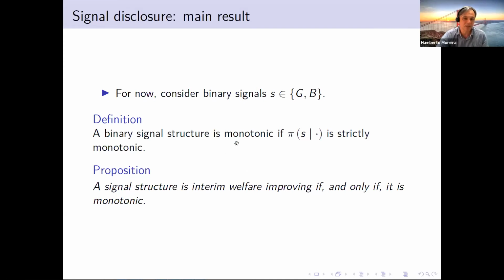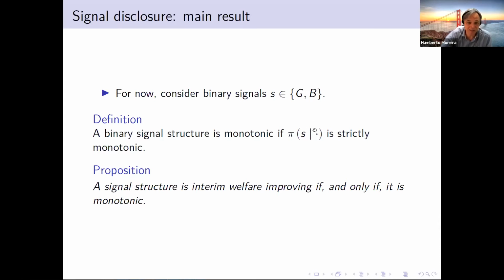So let's think about the binary case, which is simpler. Suppose that we have 2 signals, good and bad. Bad means that it's more likely that you're going to have the bad signal as you increase the risk, right? So in terms of monotonicity, to fix ideas, this pi function is going to be increasing if S is B, and it's going to be decreasing if S is G, right?